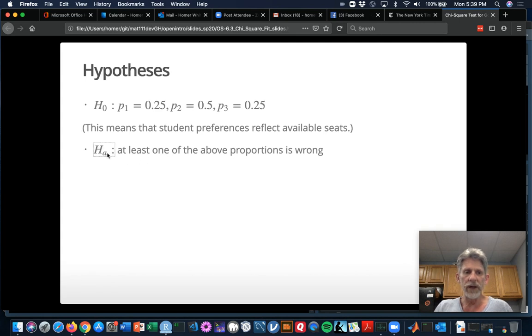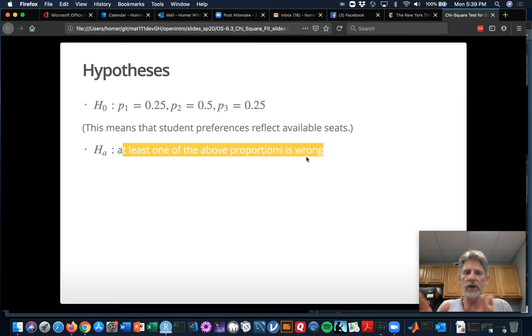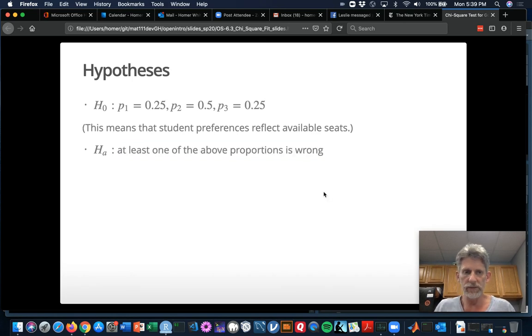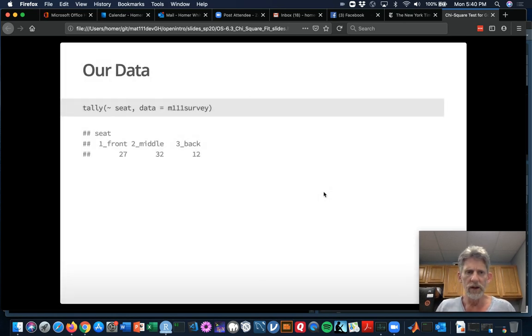The alternative hypothesis is just going to disagree with us. It's going to say at least one of those proportions is wrong, so that student preferences don't really match available space.